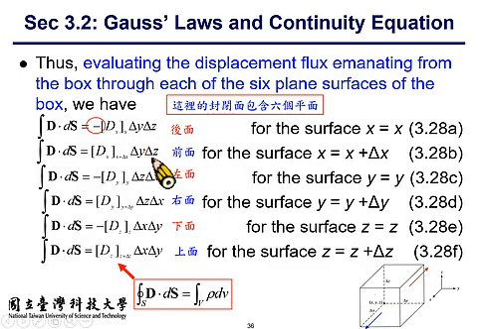You can say that the front and back are pointing along the x direction, while the front is pointing to the positive x direction, and the back is pointing to the negative x direction. The left and right are pointing along the y direction. The top and bottom are pointing toward the z direction. So you simply decompose this closed surface integral into six surface integrals.